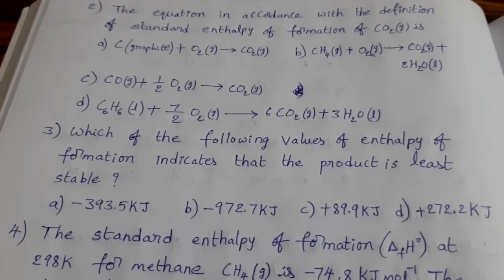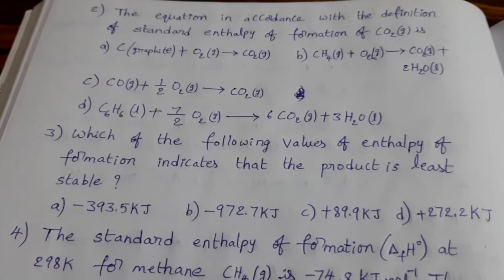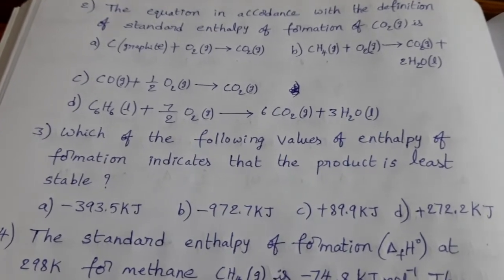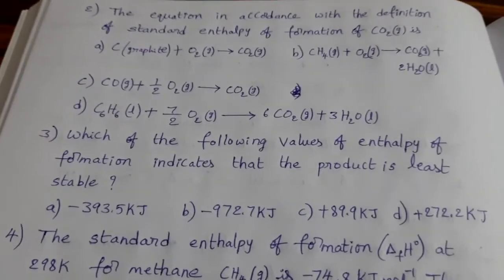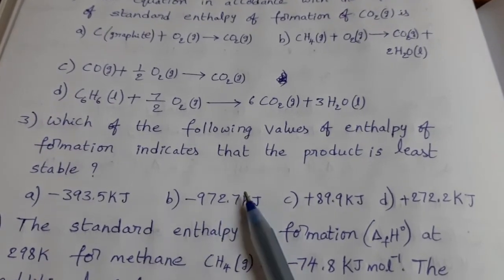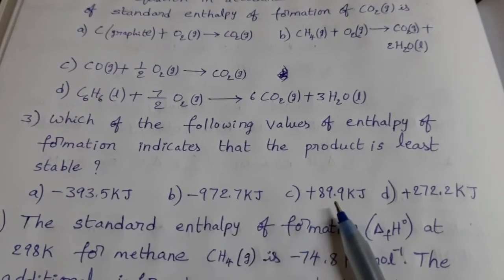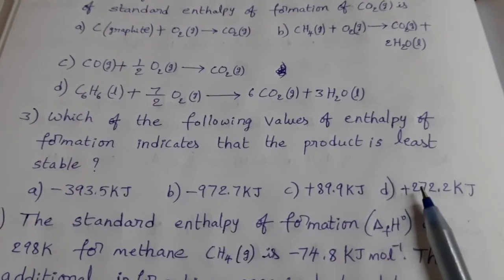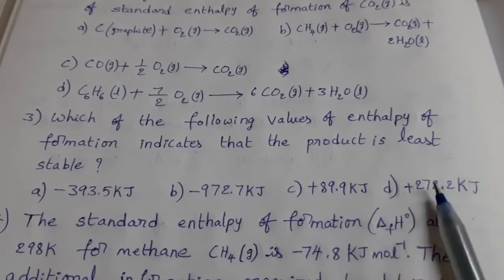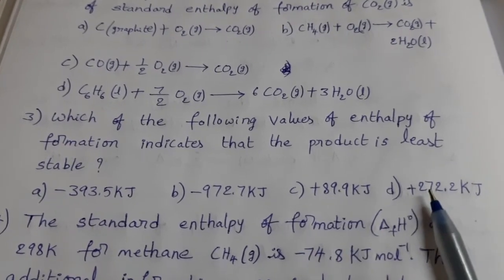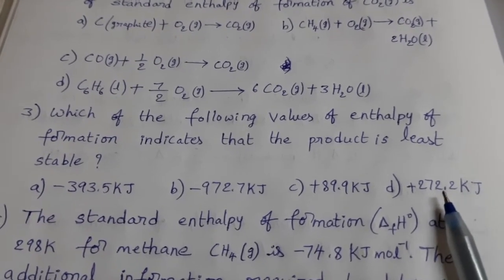That's why the formed product has more stability than endothermic reactions. So option A, option B, exothermic products, so they have more stability than these. These two are endothermic products. These values related to endothermic products, between these two, its value is more.